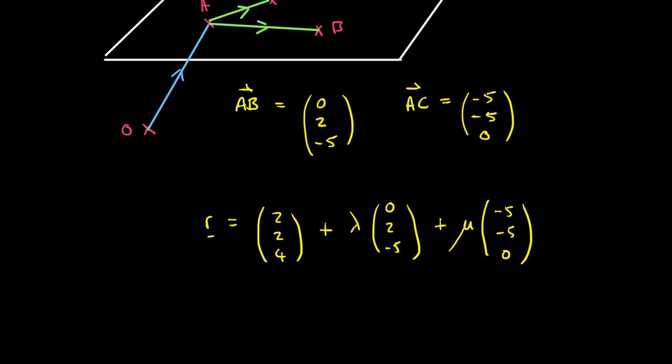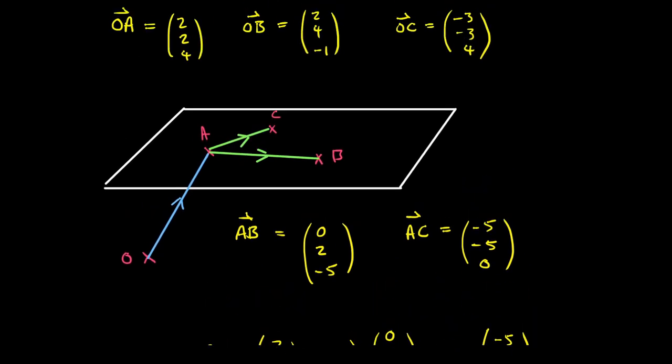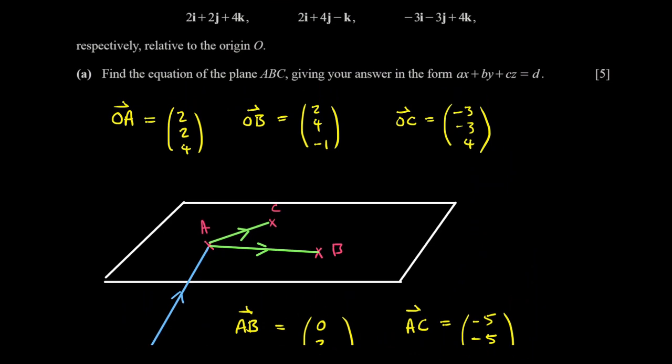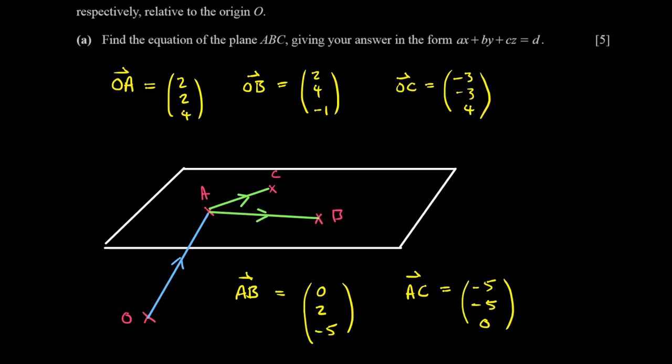Now then, we were not asked to find the vector equation of the plane. We were asked to find the Cartesian equation of the plane. Well, how do we find the Cartesian equation of the plane? We need to know the normal. So if we want to find the normal to the plane, how are we going to do that? Well, we take the cross product of these two vectors here, AB and AC, because those are the vectors which are parallel to the plane.